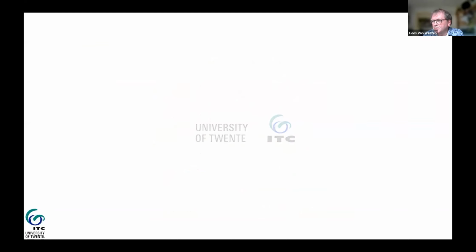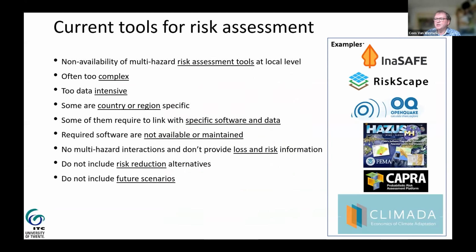Okay, after this brief introduction, we would like to develop tools that would reduce risk, and in order to do that, we need decision making on what would be the best risk reduction alternatives and the best strategies. So we would require technology to do that.